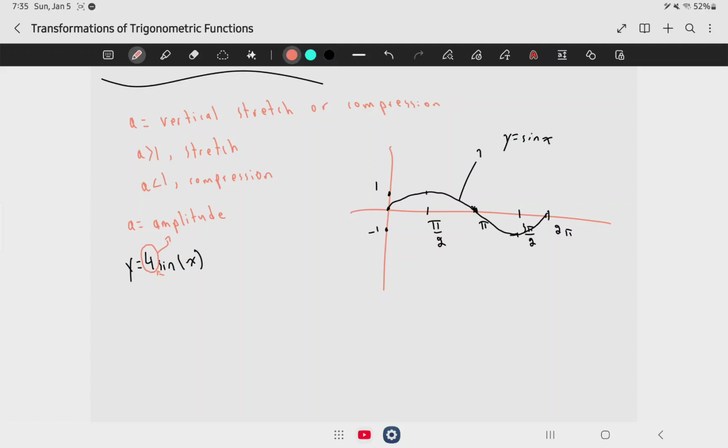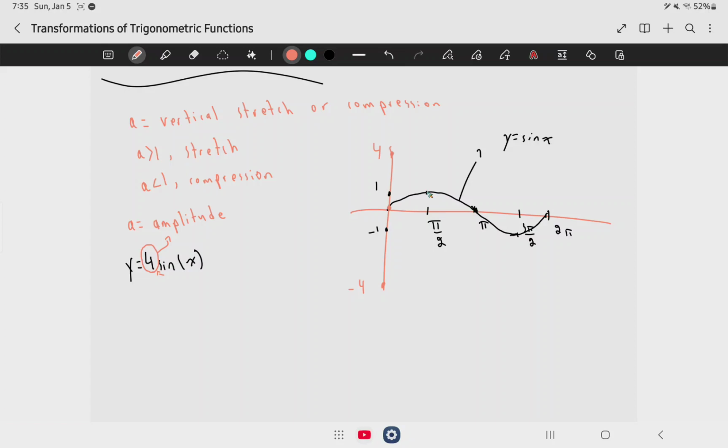But with the 4 added to it, the amplitude, because now it is 4, that means that the max point is 4, and the lowest point is -4, because now all the y values get multiplied by 4. So 0 stays 0.